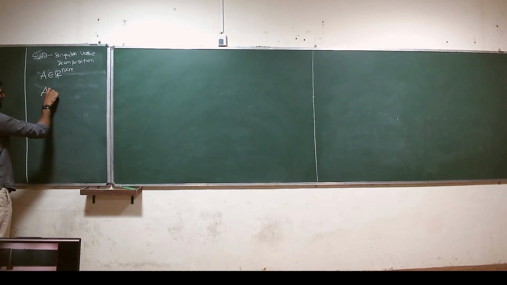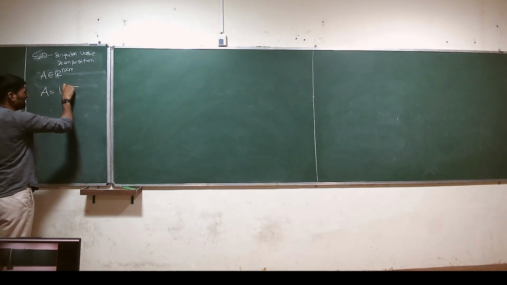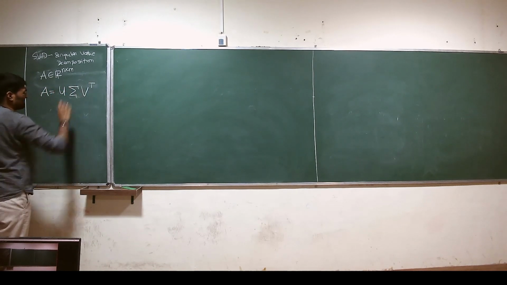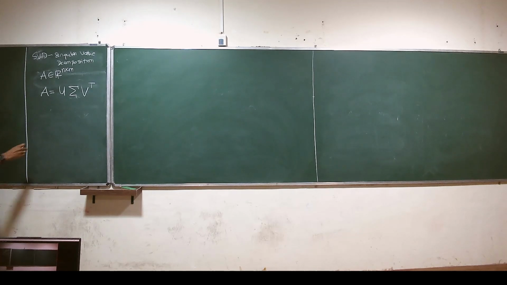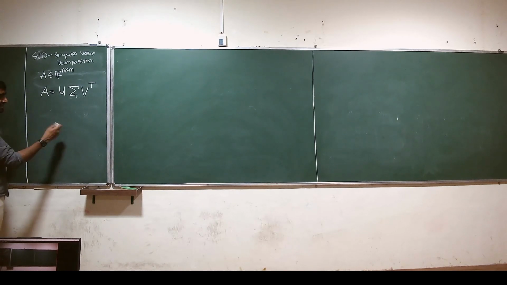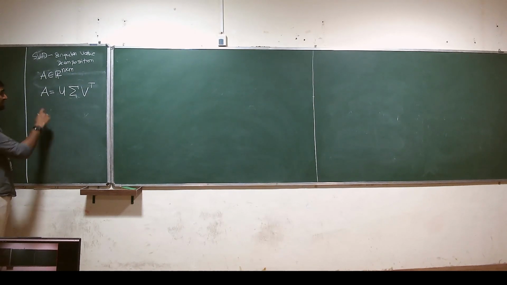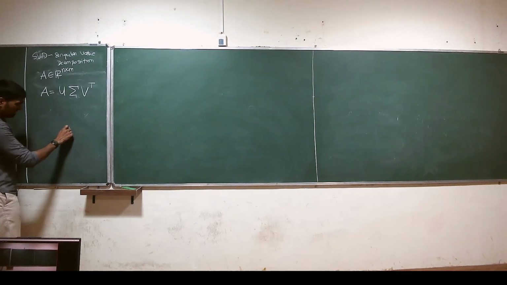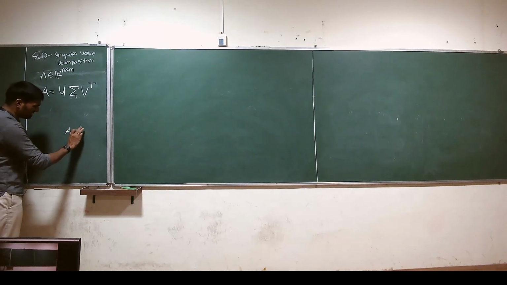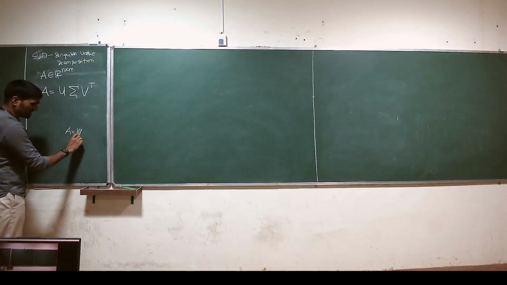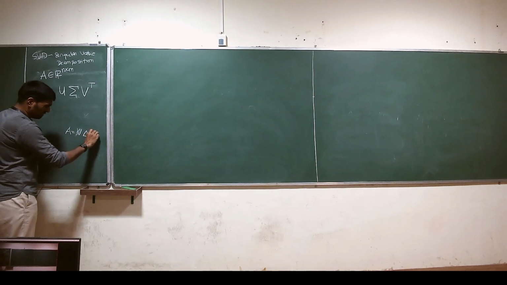Let's say A is an n cross m matrix. Then the SVD of A is simply written like this, with a transpose. And there is another interesting property. When we did eigenvalue decomposition, where we were diagonalizing a matrix A, for most matrices you could find an eigenvector basis such that you get this.